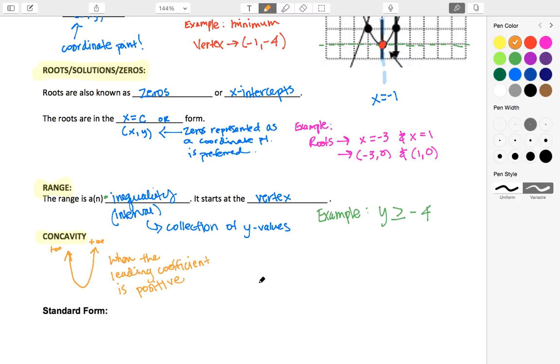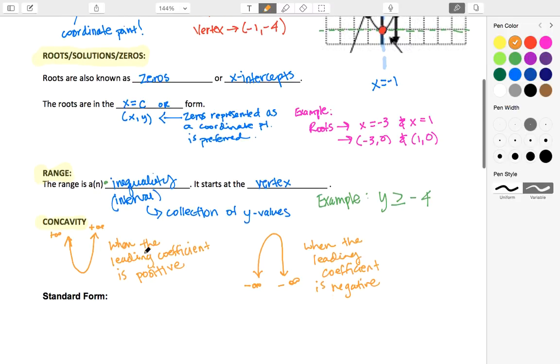But for instance, if we have one that's going in the opposite direction, so both ends are going towards negative infinity, then this is when the leading coefficient is negative.